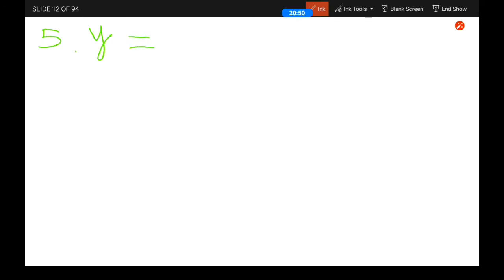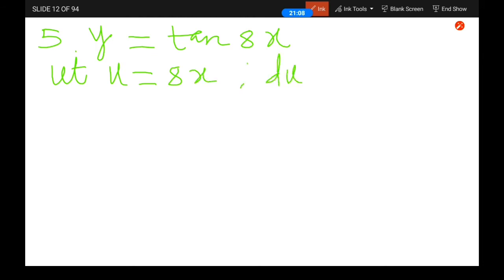Y equals tan 8x. So this one is trying to show us if we know the derivative of tan. What do you think we are going to do here as well? Say let u equal 8x, right? Therefore, du dx will now give us what? 8.